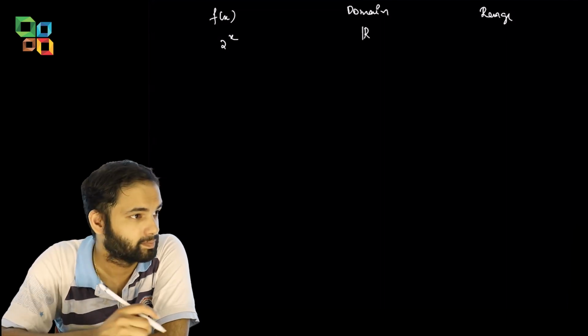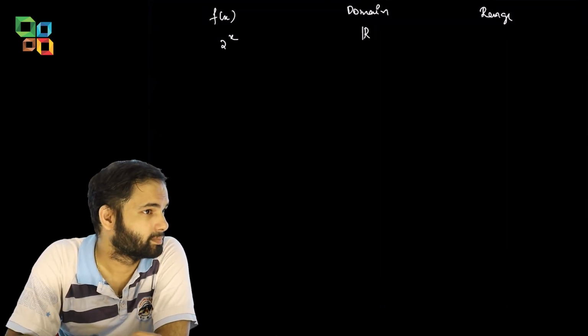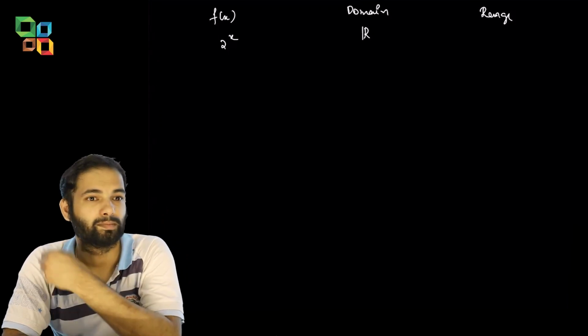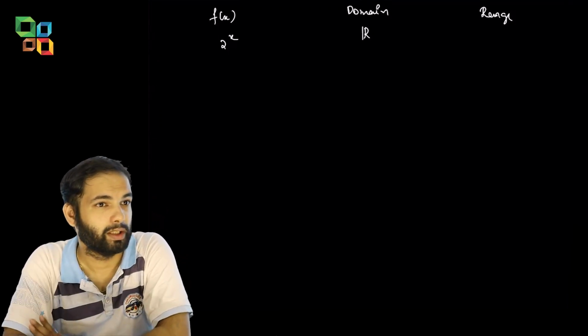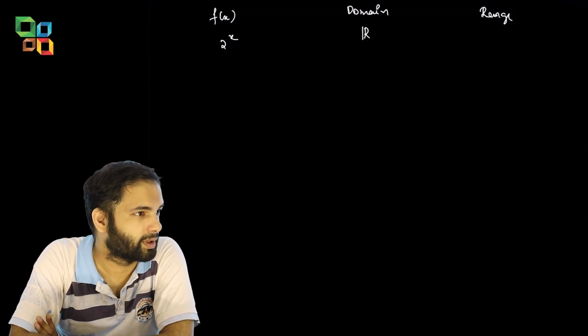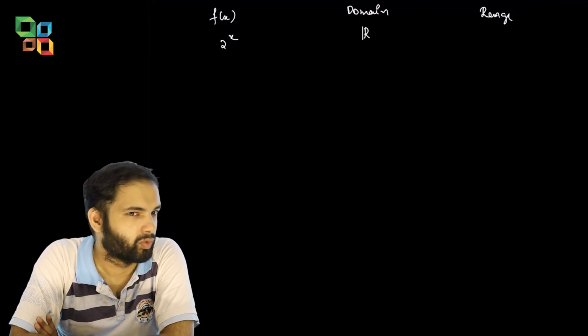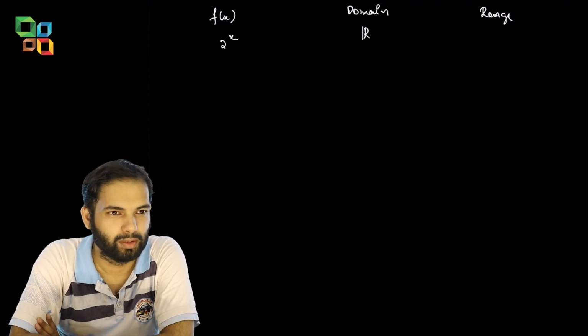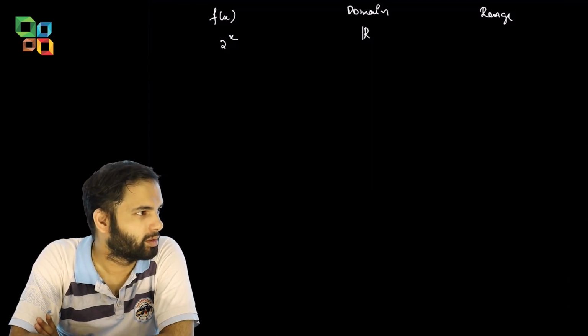What is the range? Positive real numbers. Is it 0? What about 0? No, it won't be zero. Lowest is 1.